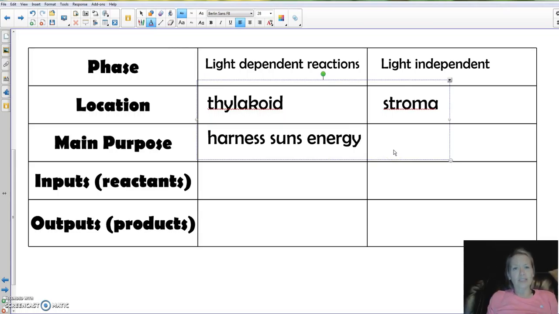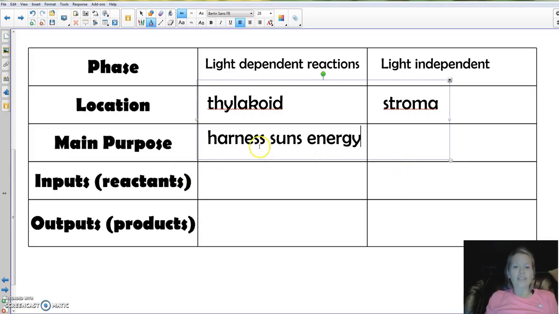So we harness the sun's energy by breaking a water molecule, and we make two energy parts, ATP and NADPH. NADPH carries electrons. Remember me telling you that electrons have so much energy that they can actually be damaging? So we can't just let these high energy molecules float free. They have to be bound up or tied up in a chemical or a molecule to be transferred somewhere. Then they can be set free to use that energy.